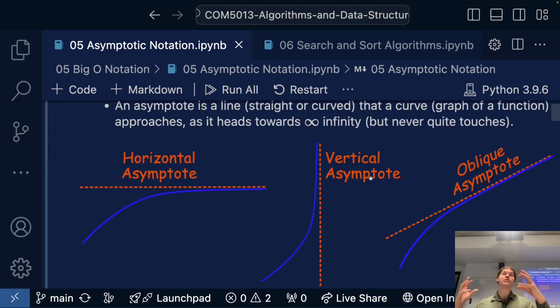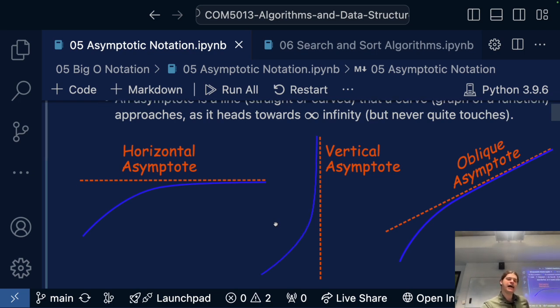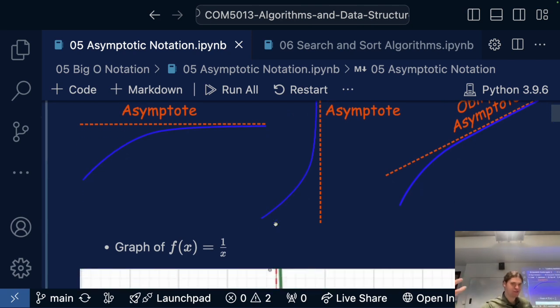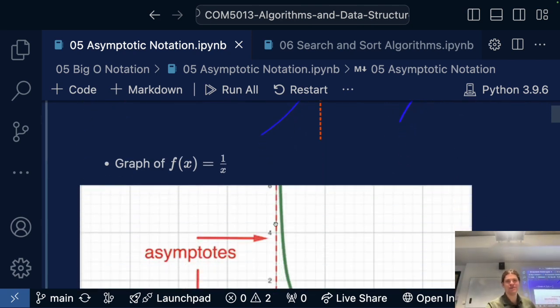So that's where the root of the word comes from, asymptote. And that gives us an approximation for the eventual destination of our function. And of course, remember, the idea here is that we're trying to measure the performance of functions, of algorithms, essentially. So that maps quite well to the mathematical display of a function, of a graph that we're used to seeing in maths.